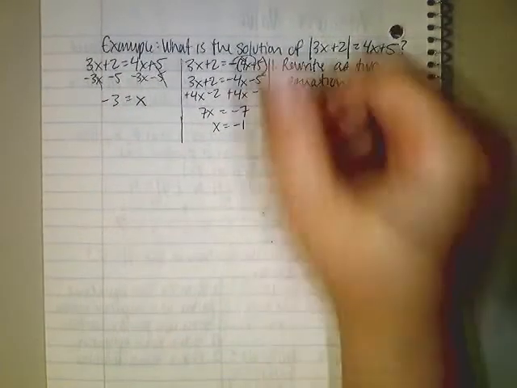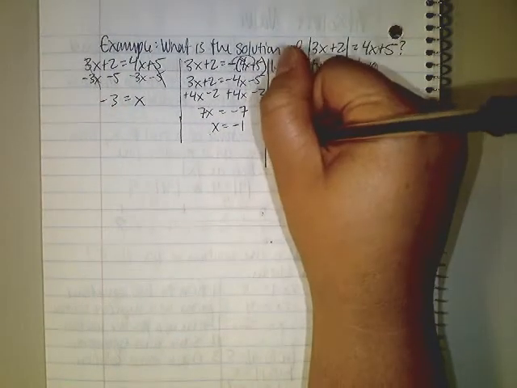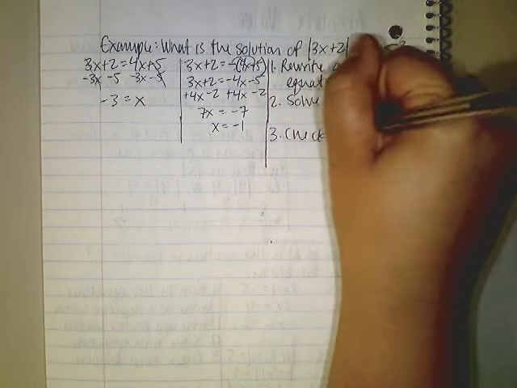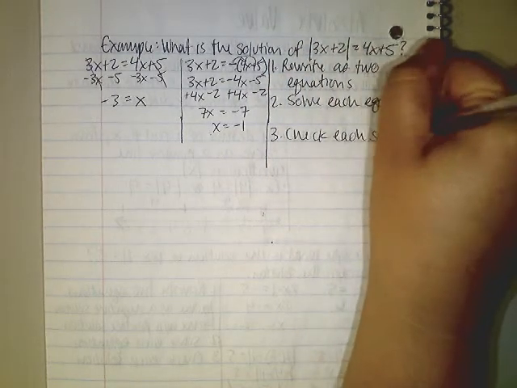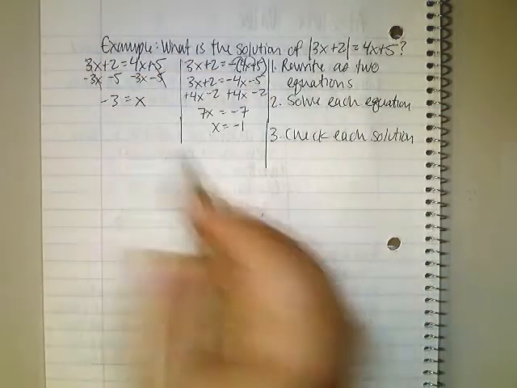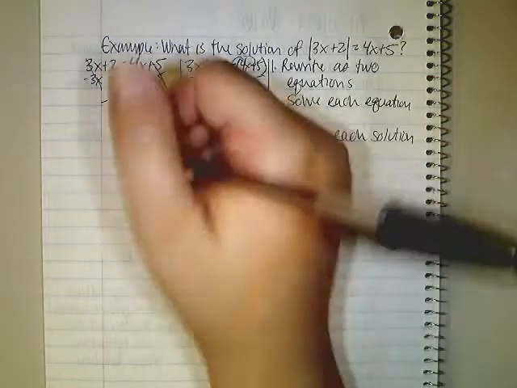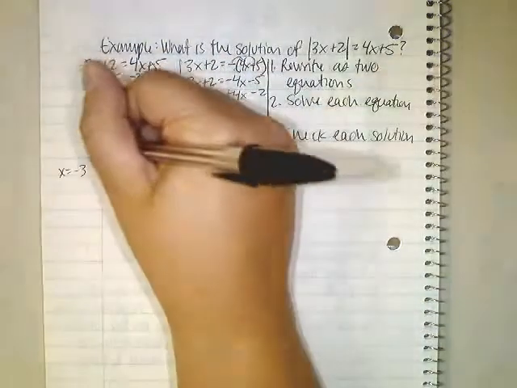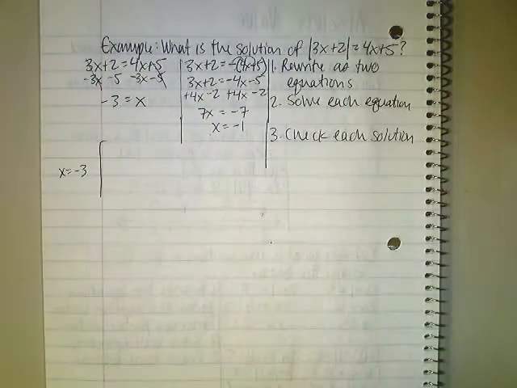So again, just like our last example, step 3, we're going to check each solution. I do that again by plugging into the original equation. So I'm going to check x equals -3 first. I'm going to write that over here, x equals -3, and I'm going to box in this process so you can see what I'm doing.